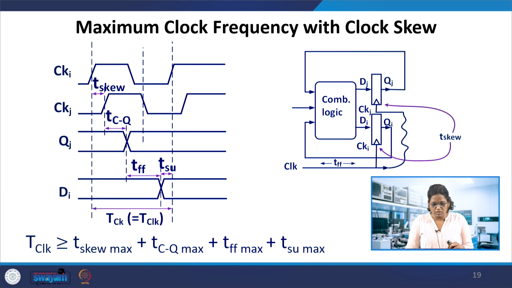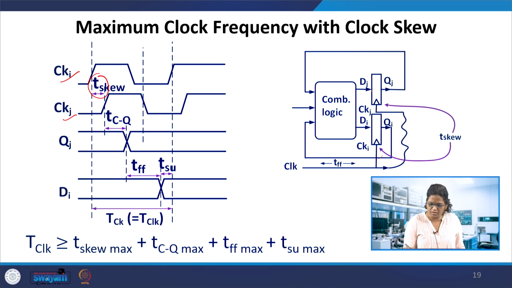So coming to the same circuit, suppose this flip-flop is seeing the clock at some time, and there is a skew between the next flip-flop clock. So assuming that Cki is this one, and Ckj, there is a clock skew, like the clock delay between the flip-flop and the global clock. So between these two flip-flops there is a delay. In that case, this is called the skew. That skew is mentioned over here, i and j.